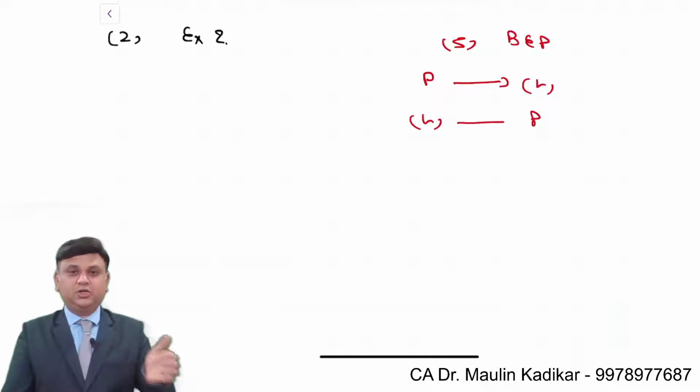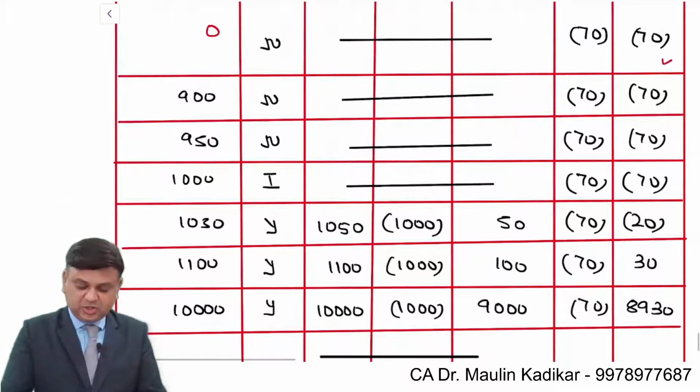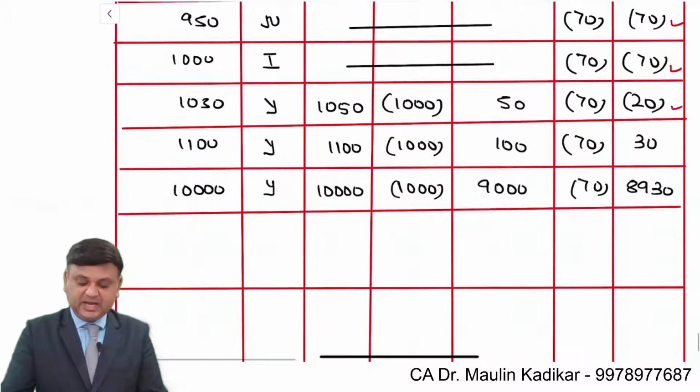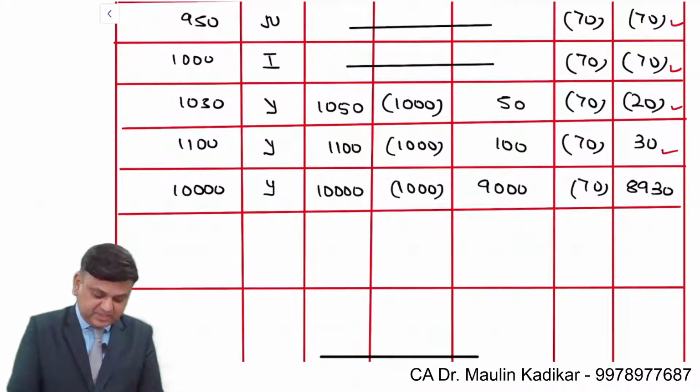Profit to loss or loss to profit. Between that, the break-even point would be lying. So here you can see it is loss, loss, loss, loss, loss, and it is converted to profit. So the break-even point is lying between these two.